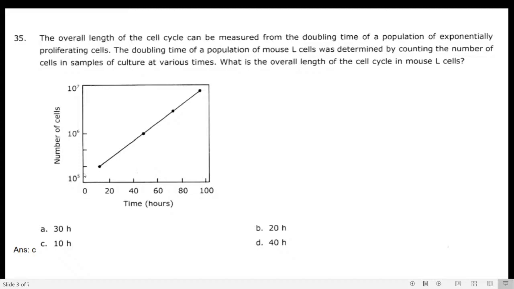Initially it is a very small number, and over the course of time that will increase. So they asked what the overall length of the cell cycle is. As per their question, the overall length of the cell cycle should be 10 hours. It starts from here: after this 10 hours, the cell will divide. Each and every 10 hours it will get divided.